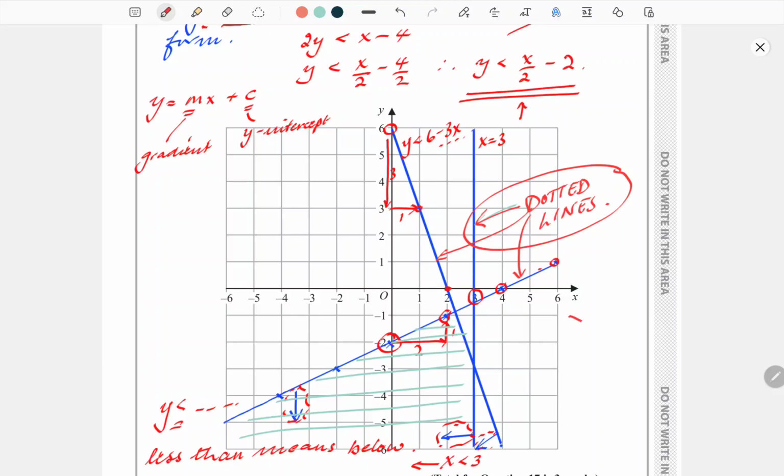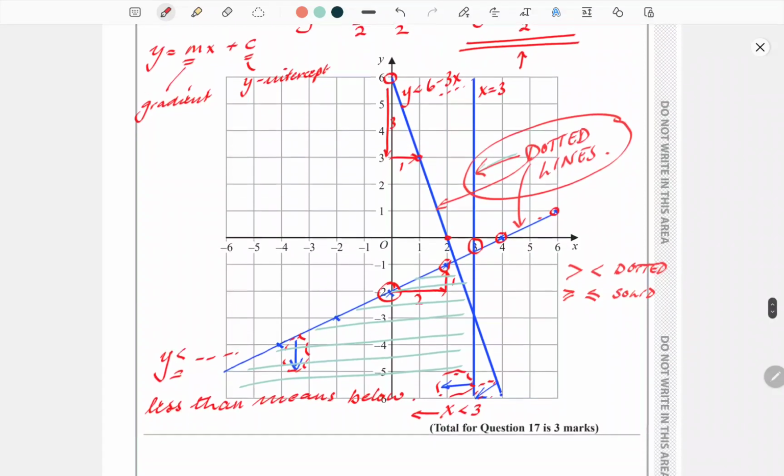If it's greater than or less than, then it should be dotted because the values cannot be on the line. If it's greater than or equal to, or less than or equal to, then it's a solid line. I haven't done the dotted lines, I admit, before anybody complains, simply to make it clear as to what lines we're dealing with. But if it's only less than or greater than, then it should be dotted lines. So please watch out for that. I have done it solid intentionally, and it's not a mistake.